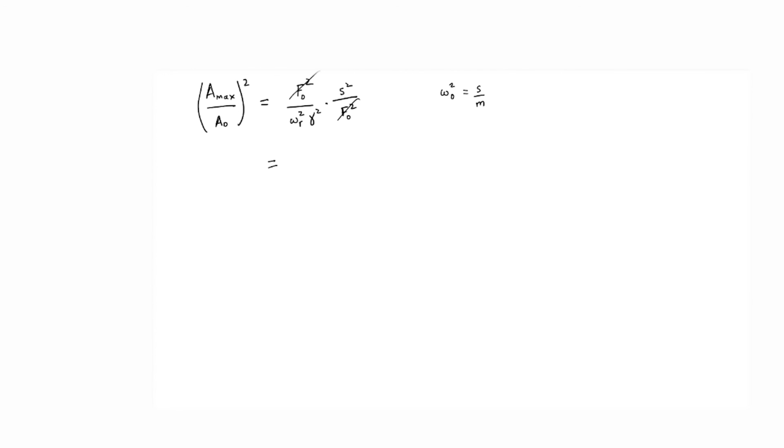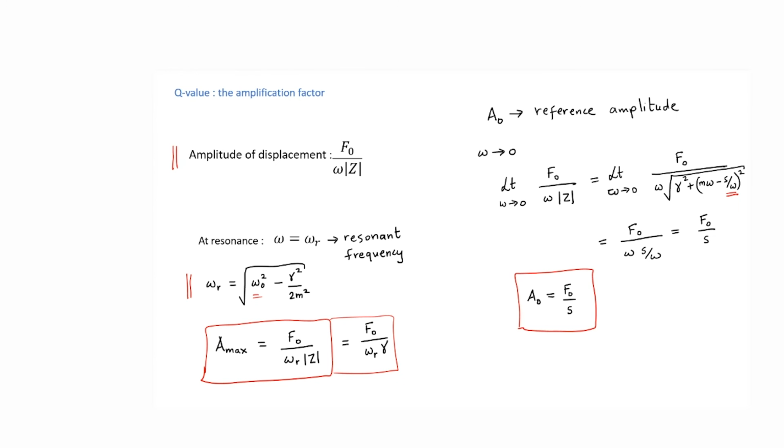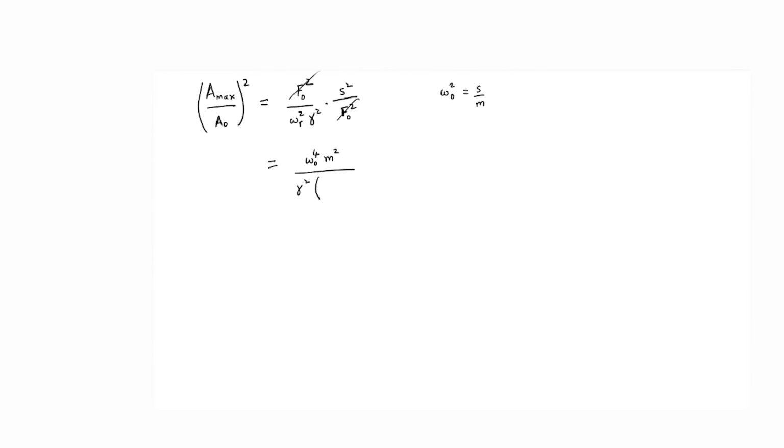I can replace s square by omega 0 to the power 4 into m square divided by gamma square, and omega r square is the expression that we already have here, which is omega 0 square minus gamma square by 4 m square.